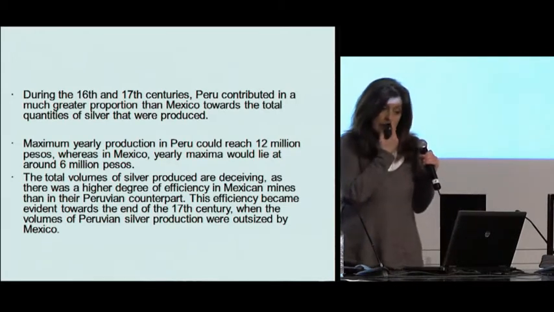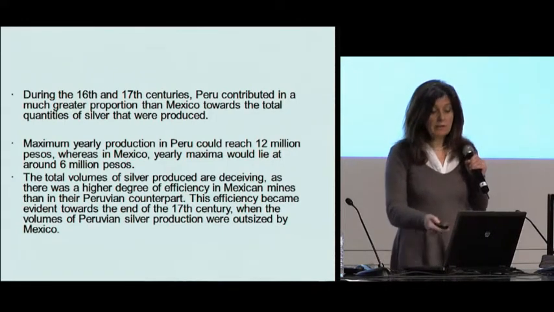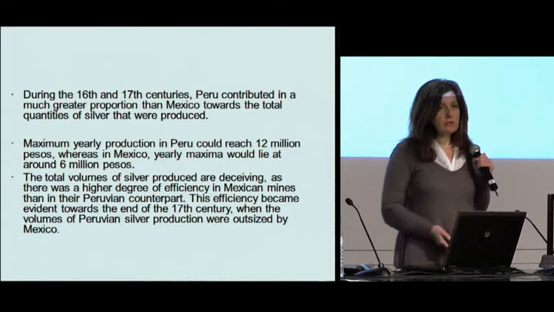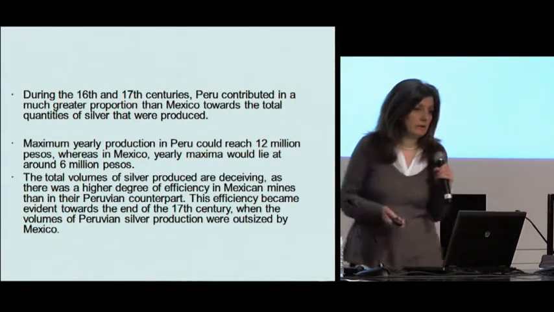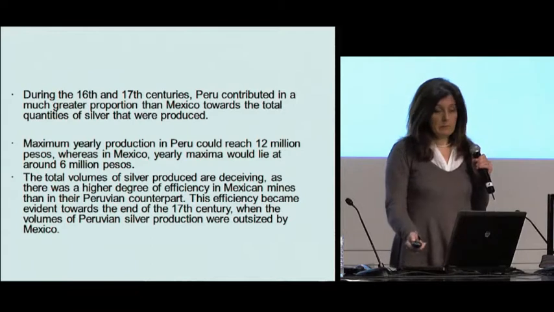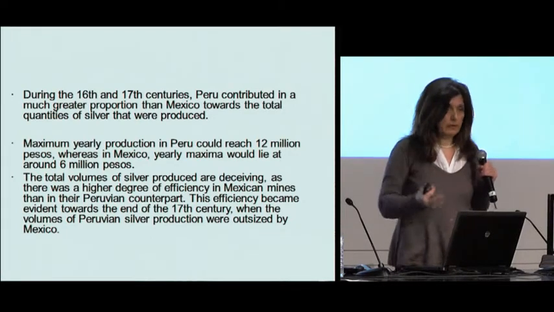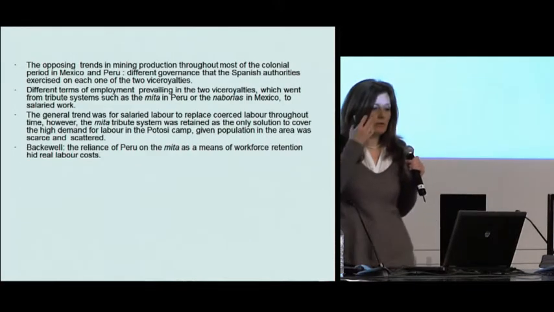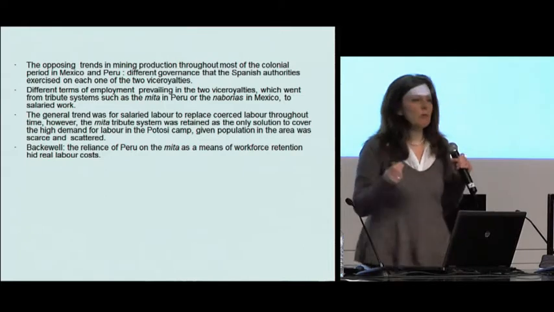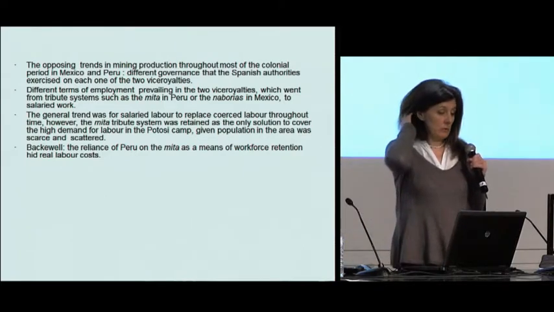So it has been worked out by the historians who studied the mines that the production costs in Peru were much higher than in Mexico, right? Despite the fact that the overall production was much higher, also production costs were higher. And in terms of the governance of the two areas, there was also a discrepancy.